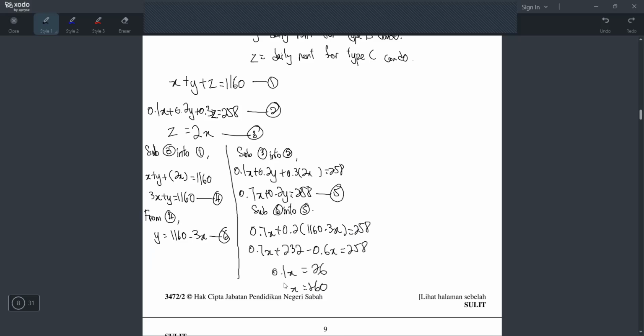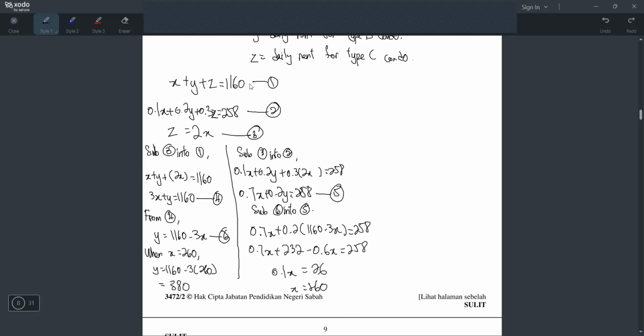So what if I substitute back here, right? So when x equals to 260, my y will be 1160 minus 3x. Okay, and then I just press this whole thing. So 1160 minus 3 times 260. And then it will get 380, right? After I have my x and y, I still have to find z. But how to find your z?